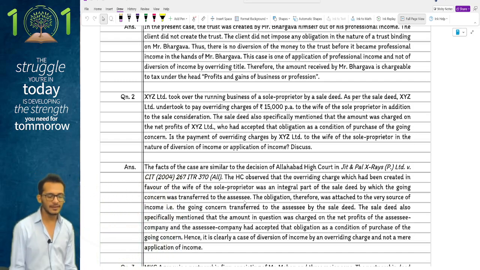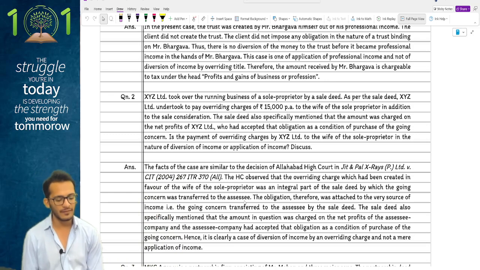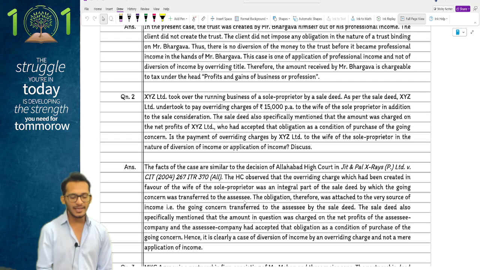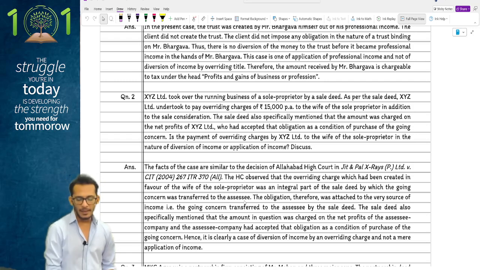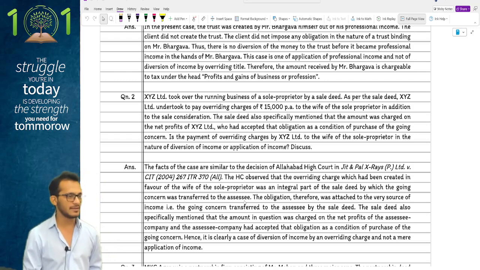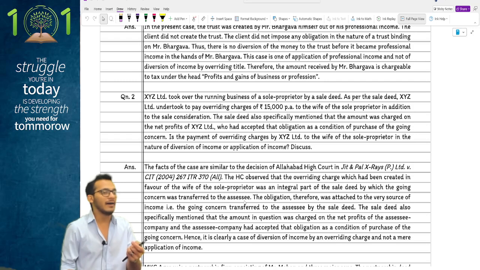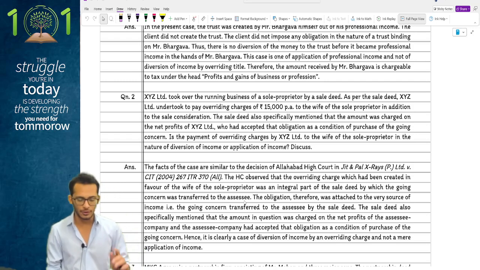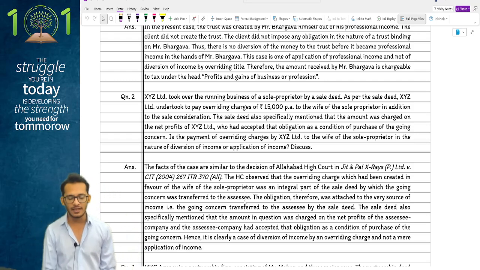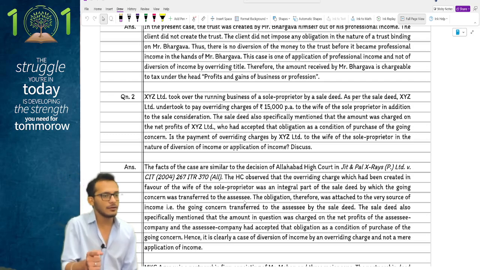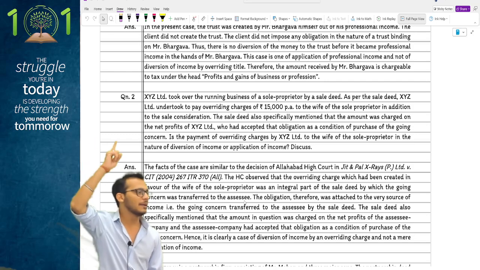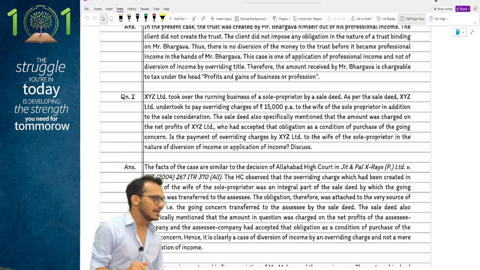The High Court observed that the overriding charge which has been created in favor of the wife of the sole proprietor was an integral part of the sale deed, by which the going concern was transferred to the assessee. The obligation therefore was attached to the very source of the income, meaning it is not coming to me. If I don't give the 15,000 tomorrow, the sale itself will become voidable.